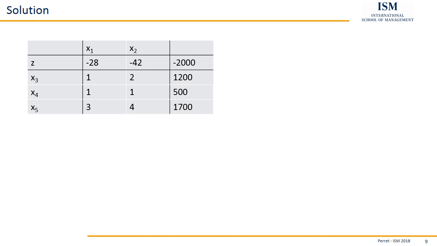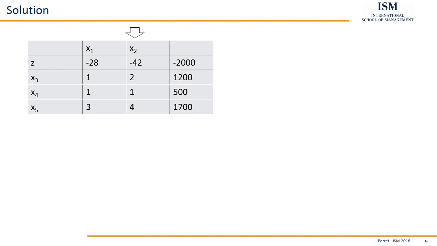They are both negative, so we take a look, if we were to skip the minus sign, which one would be the largest. That would be the 42. So we could also say select the one which is negative and farthest away from 0. So here we get the 42. So x2, the column related to x2, is our pivot column.